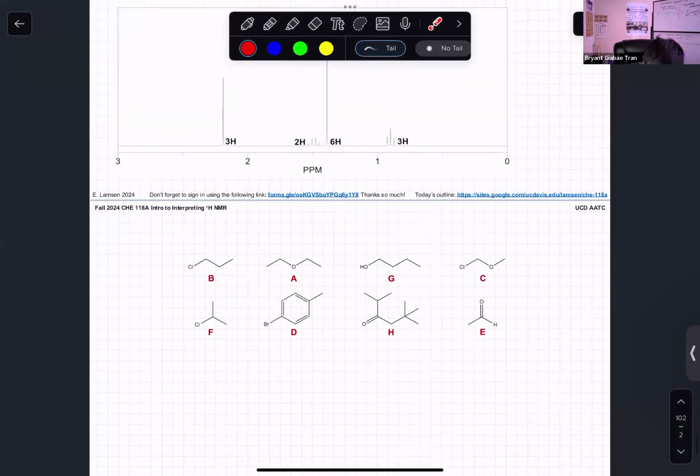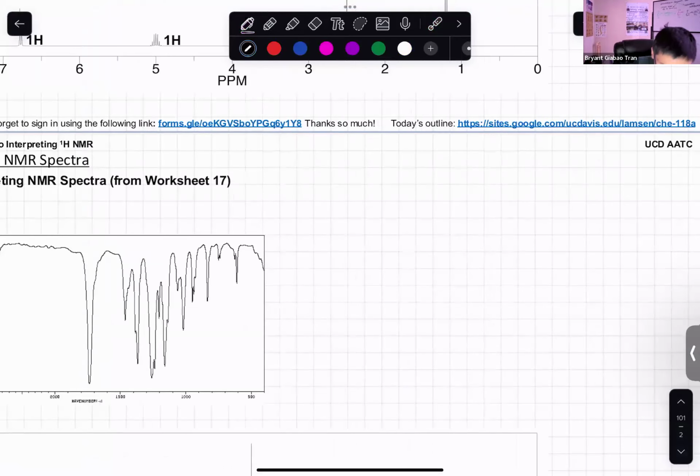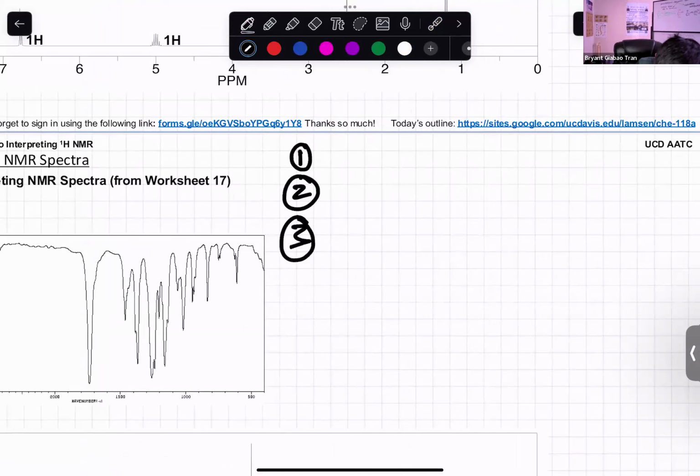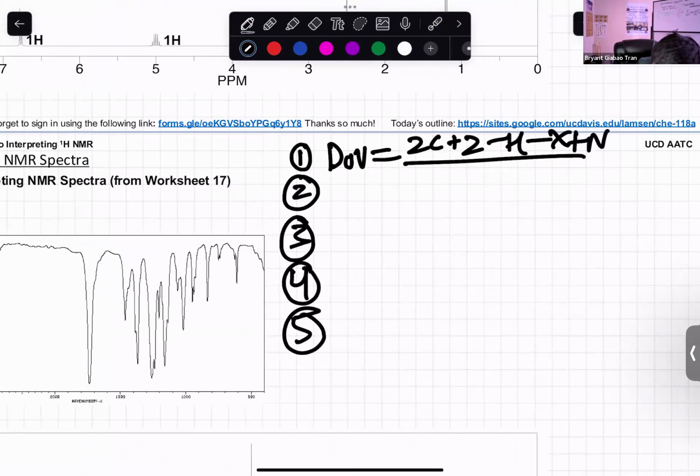Okay. So there are different ways to approach HNMR problems. These are the 5 steps I do when I do HNMR problems. The very first thing I do is calculate the degrees of unsaturation. And there's a formula for that: 2C plus 2 minus H minus X plus N, all over 2.